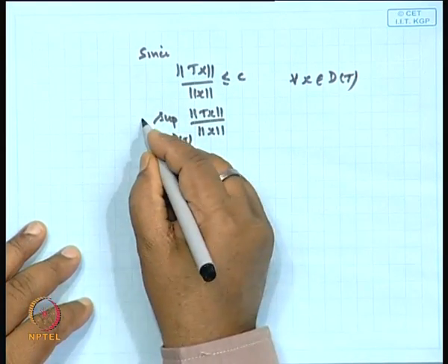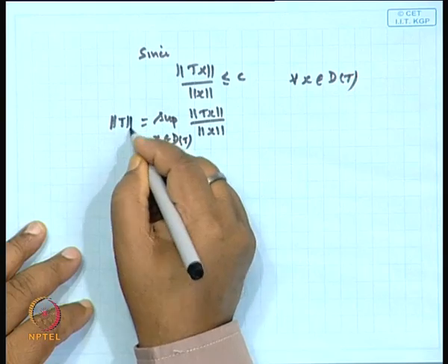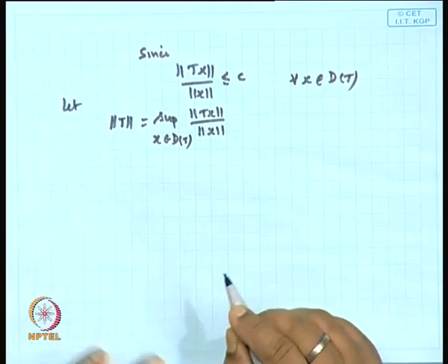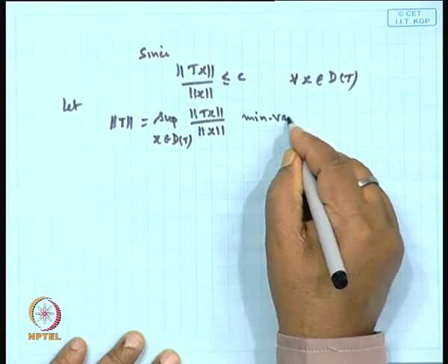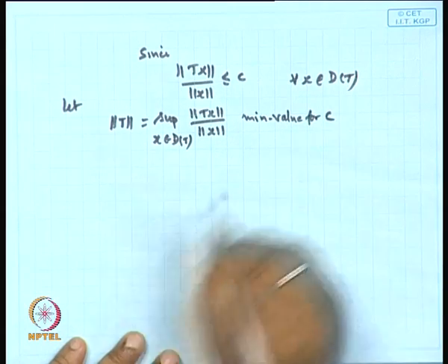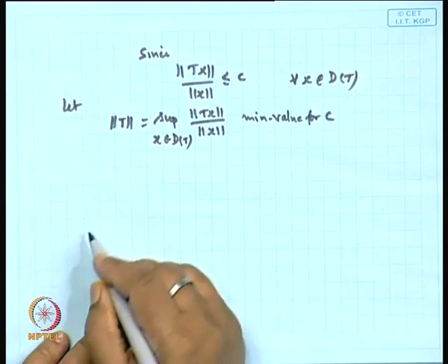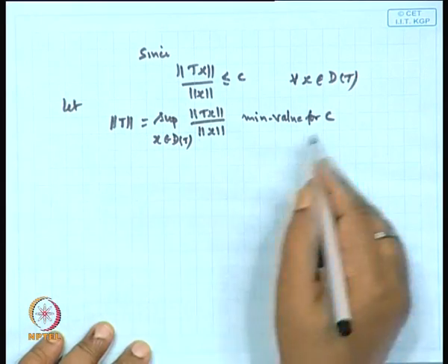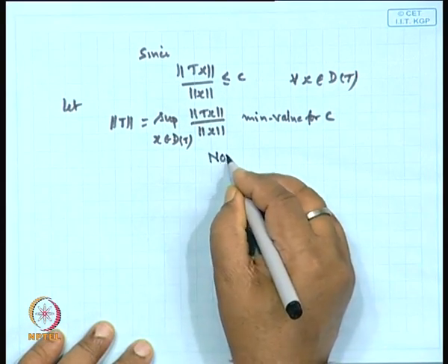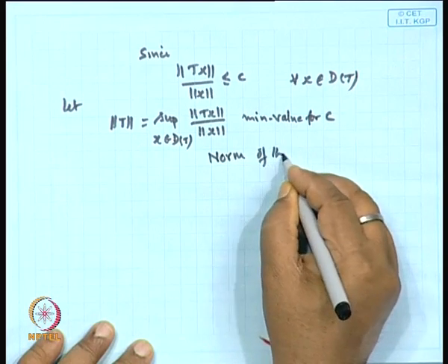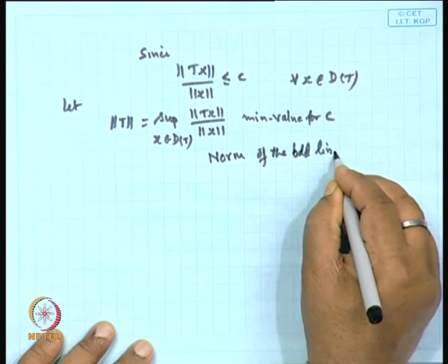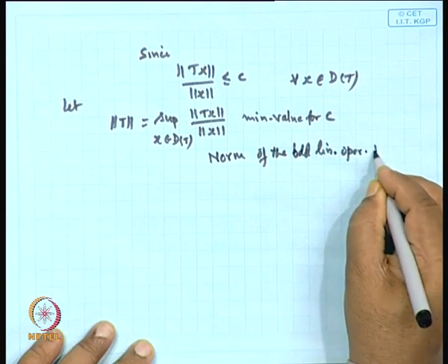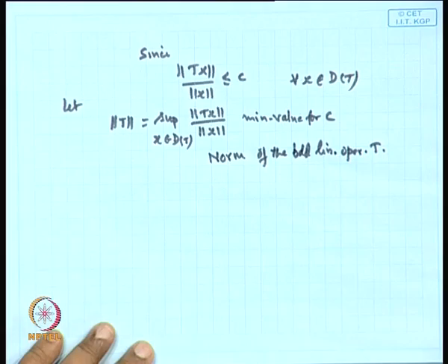We denote this by the norm of T. So, the norm of T is the minimum value for C, and we call it the norm of the bounded linear operator T. Clear?